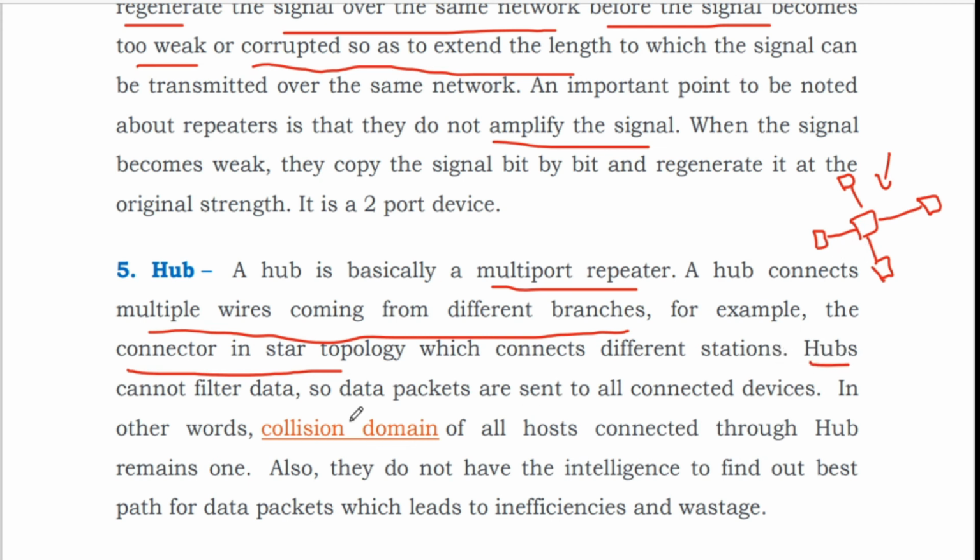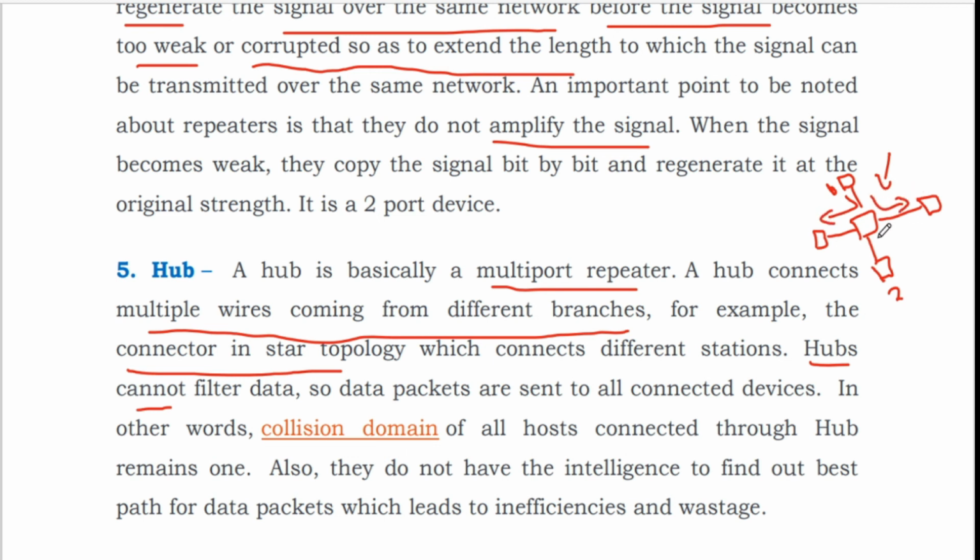So hubs cannot filter data. Data packets are sent to all the connected devices. Here what happens, if computer number 1 wants to communicate with computer number 2, this information is transferred to all the computers.